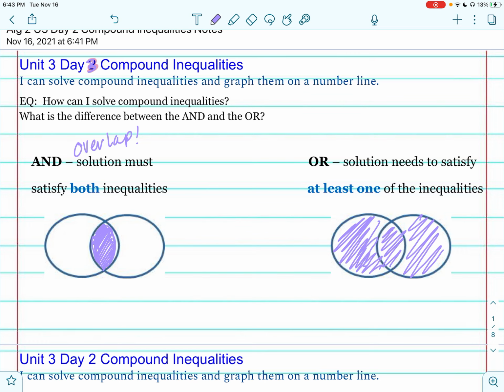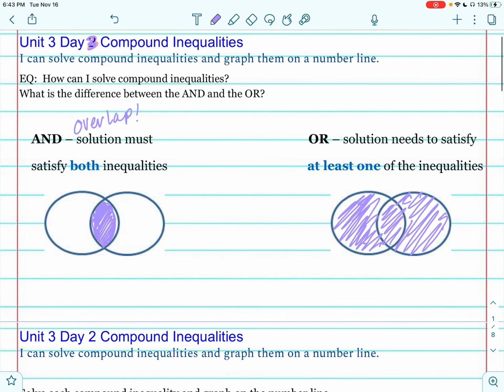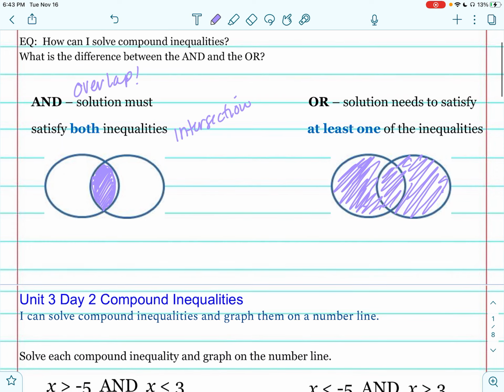It could be any of them. So there doesn't have to be overlap for or to happen. All right, so those are two new words for us, even though we've heard them before. We need to think about what they mean. Another word for and is the intersection. Maybe those words will help you remember.